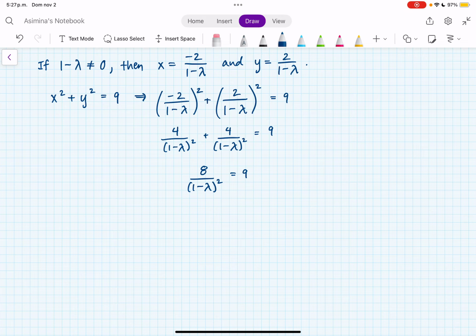Now, I'm kind of solving for lambda, what 1 minus lambda is. So I'm going to multiply both sides by 1 minus lambda squared and divide both sides by 9. So maybe I'll do that in 2 steps. So this is 8 equals 9 times 1 minus lambda squared, and then divide both sides by 9.